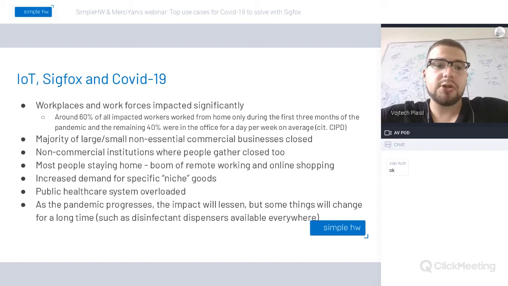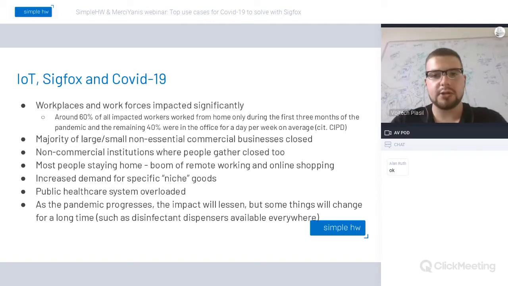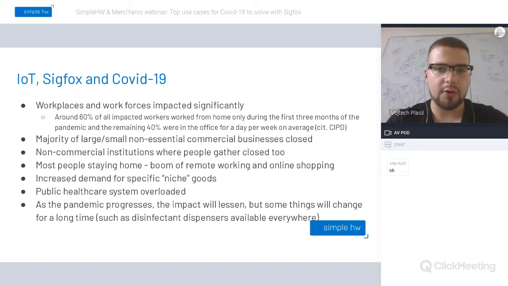Of course, non-commercial institutions where people gather closed during the peak of the pandemic. This means schools, churches, and other places like that, even state government facilities, etc. The point of increased demand for specific niche goods is just a quick point that I will not go over for a long time.